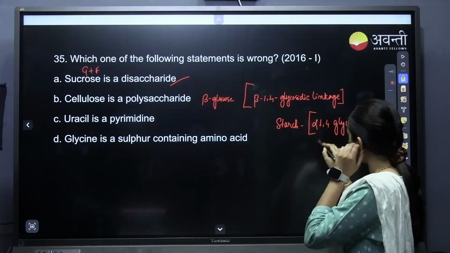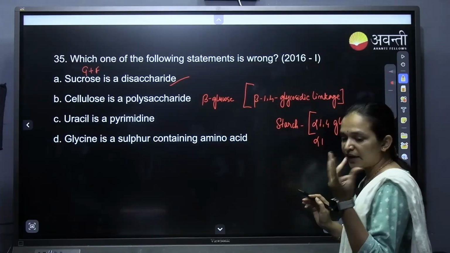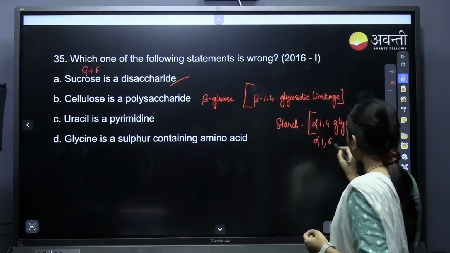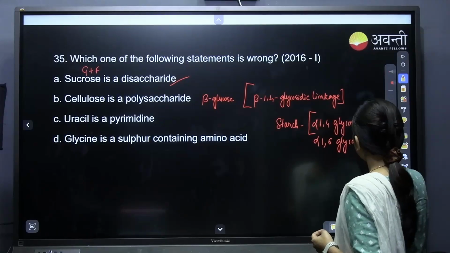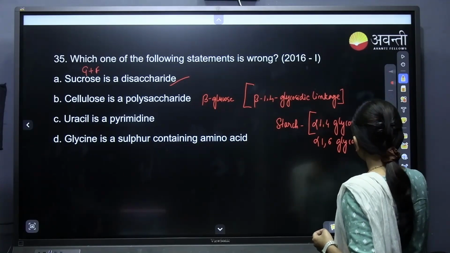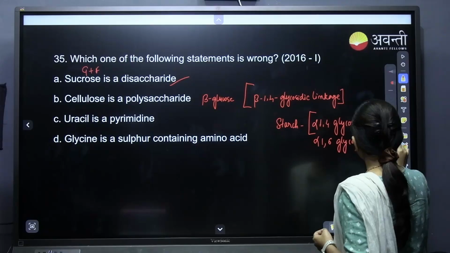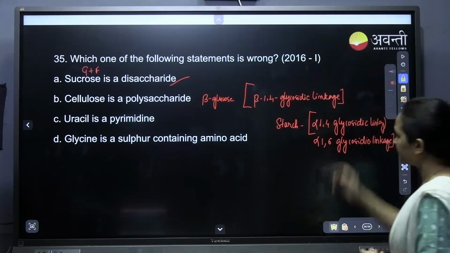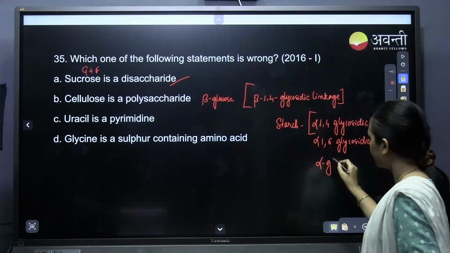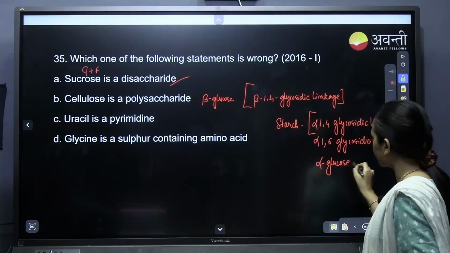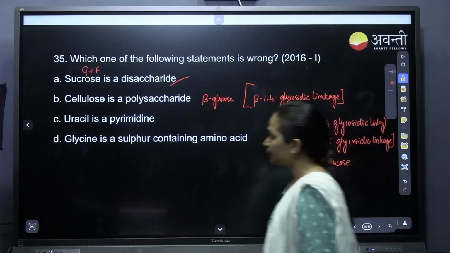So not only alpha 1,4, wherever the branch is there, alpha 1,6 glycosidic linkage is there. This is alpha because starch is made up of alpha glucose. Okay, uracil is a pyrimidine.